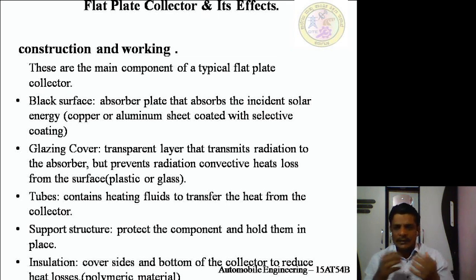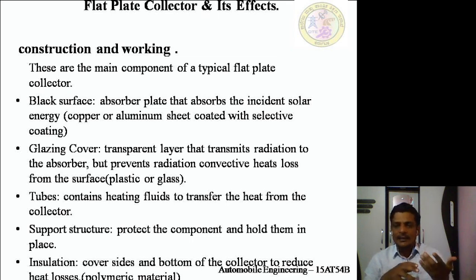Now we move to the next, that is tubes. Tubes are the main component of the flat collector, because inside the tubes the water is flowing, correct or not? The tube contains heating fluid to transfer the heat from the collector. The tubes are made up of copper and they are in thermal contact with the plates. The tubes are in diameter of 1 to 1.5 centimeter. They are soldered, brazed or clamped to the bottom of the absorber plate.